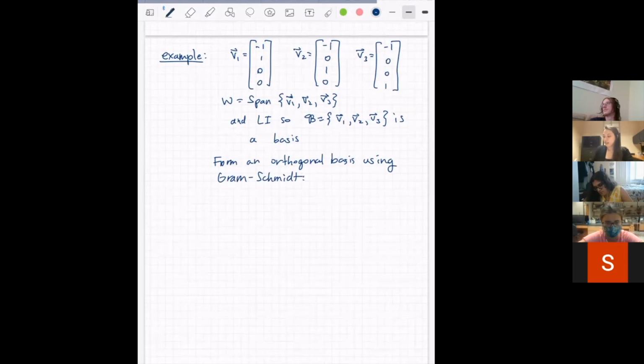Okay, so the first step is we just let U1 equal V1. So that is just that first vector, minus 1, 1, 0, 0, right?